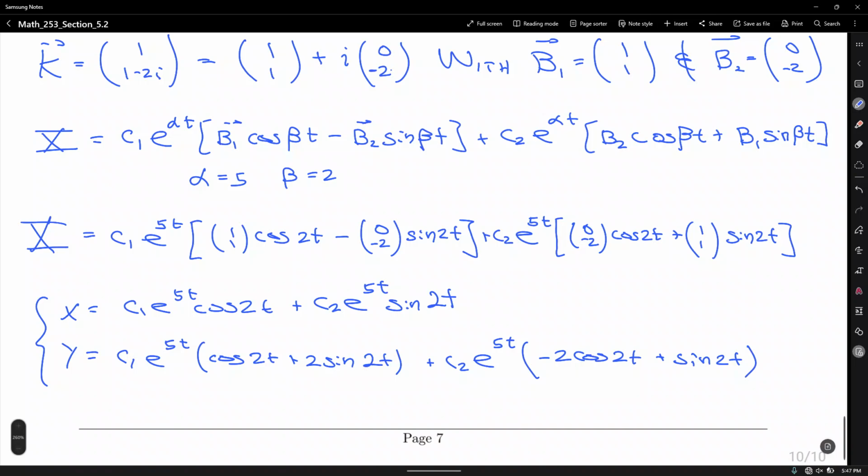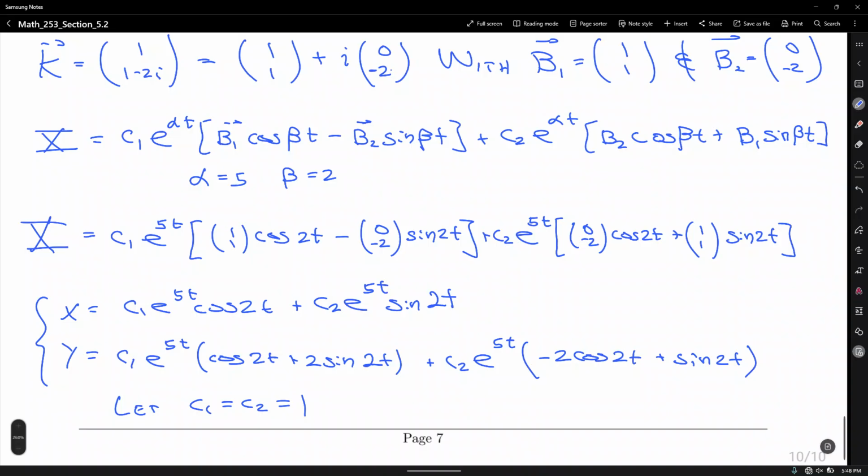Well, how can we graph this if we don't know what C1 and C2 are? Technically here we would need to have an initial condition, say x of 0 equals 0, 0 or any vector. But in this case, let C1 and C2 equal 1, just for the sake of simplicity.